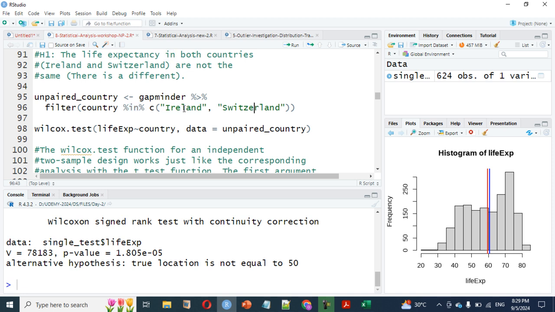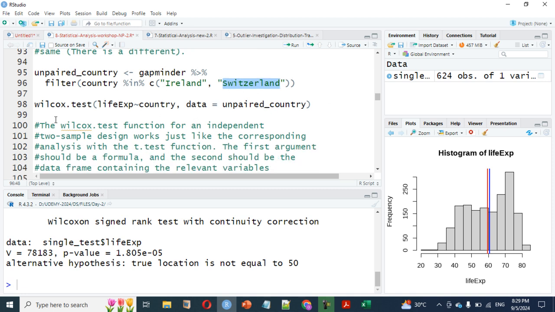Then we just filter only these two countries. If you want to use another country, you can just apply it here to see the result. Now, don't forget this country is a factor variable, or rather, a categorical variable. You could use continent as well, but I want to use country now.